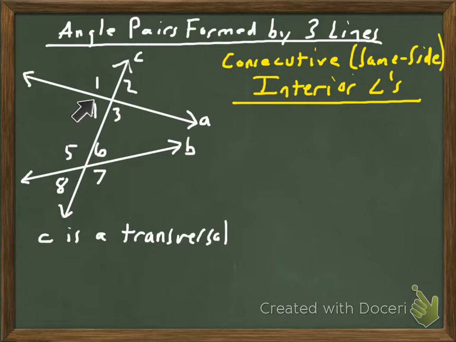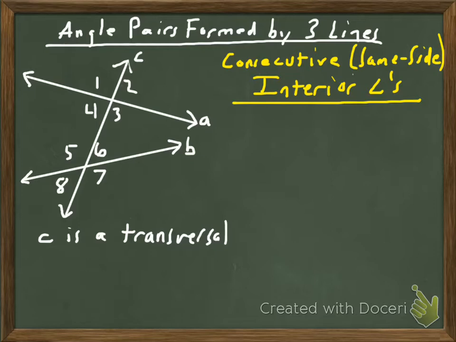So, for instance, angles 1, 4, 5, and 8 are all on the left side of the transversal. 2, 3, 6, and 7 are all on the right side of the transversal. So those sets would be same side angles. And it's just a matter of whether you're talking about interior or exterior at that point.